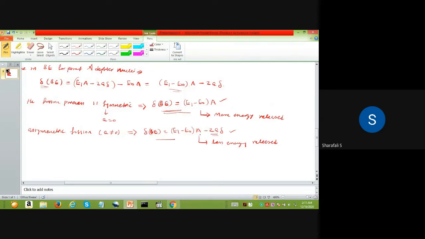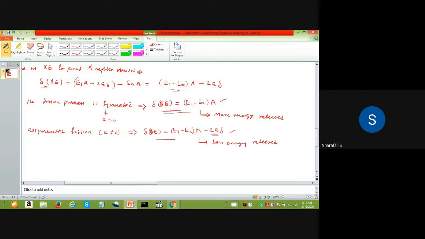So whatever energy you are getting here has been reduced again by the 2A delta value. So that energy release will be smaller. But here, it is directly E1 minus E0 times A. There is nothing to subtract. So this is more as compared to this.